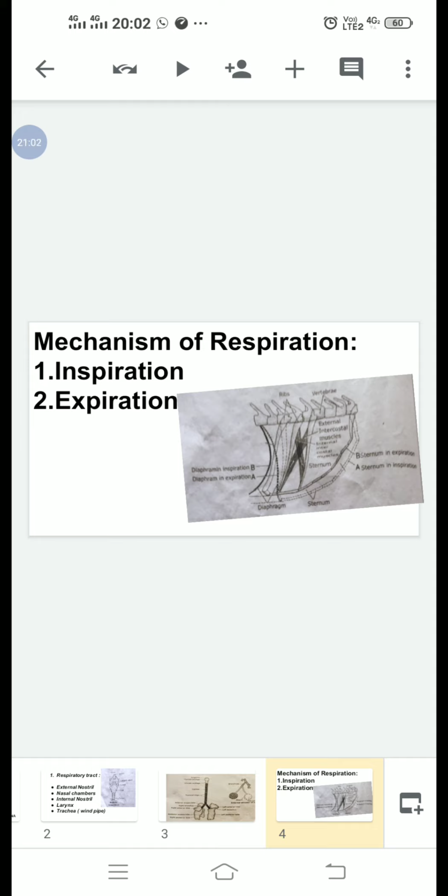Relaxation of the diaphragm and the intercostal muscles returns the diaphragm and sternum to their normal position and reduces the thoracic volume.